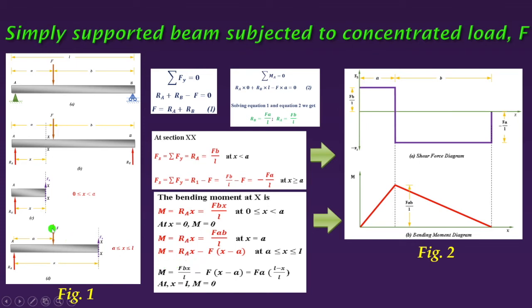And then the distance of F is x minus a, and the direction is anti-clockwise about this point x, so anti-clockwise means negative. So that equals Fa (L minus x) by L, so it's also a function of x.